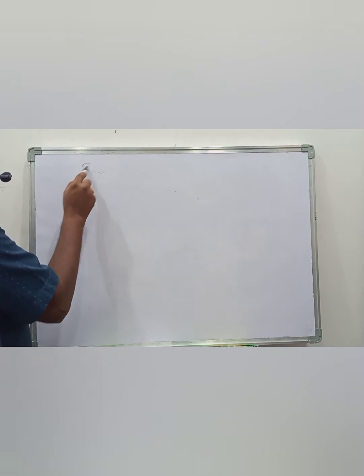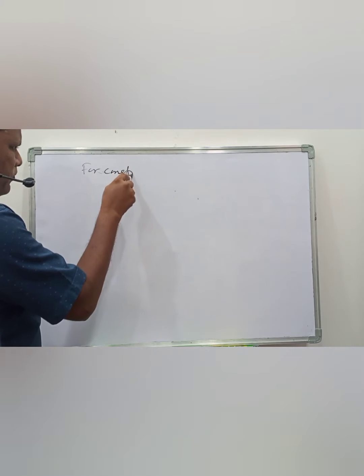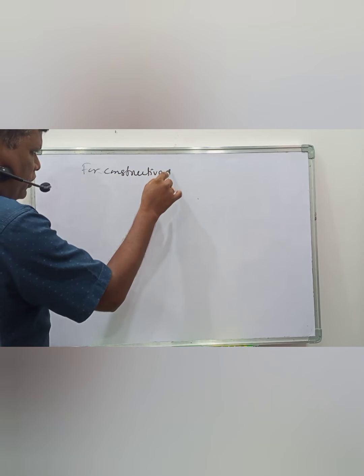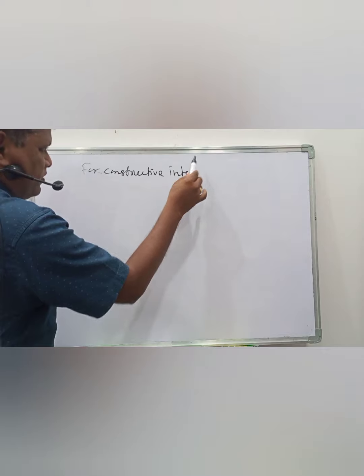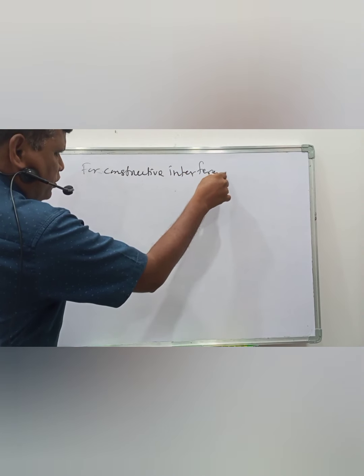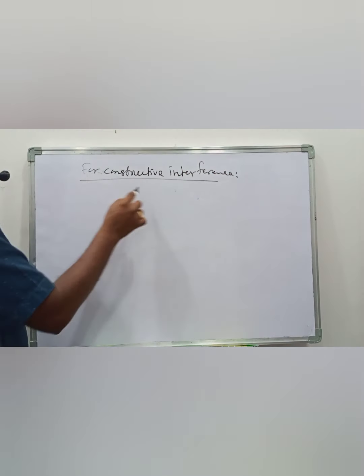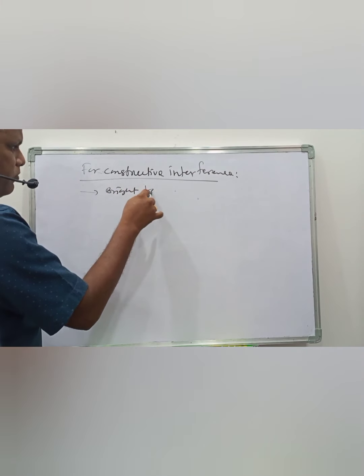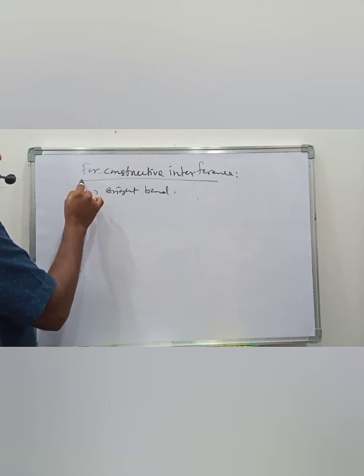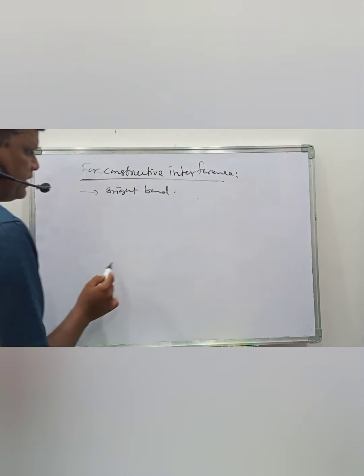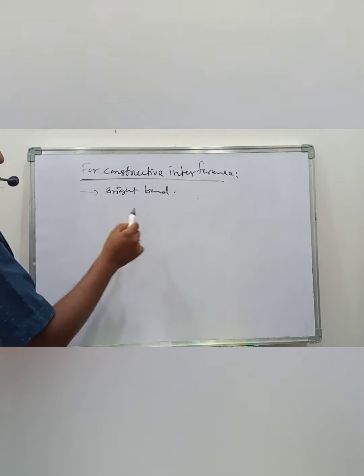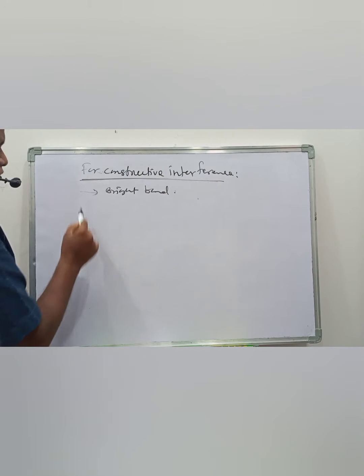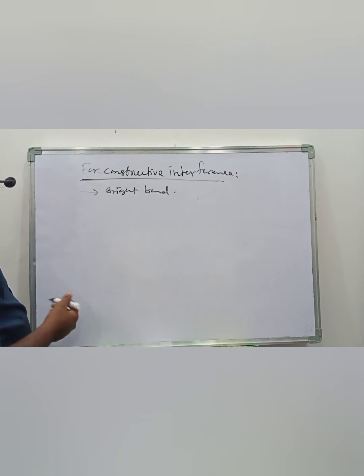Now I am giving the path difference for the constructive interference pattern. For the constructive interference pattern, a bright band is obtained. So whenever constructive interference takes place in Young's double slit experiment, a bright band appears.